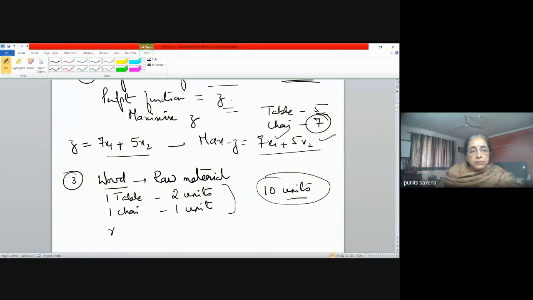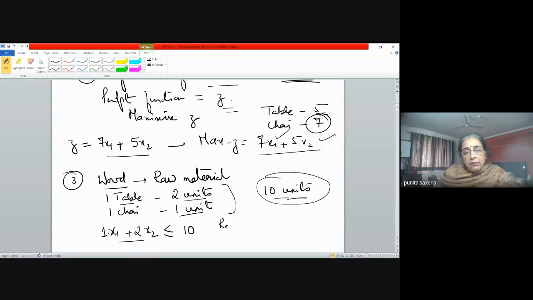X1. So X1 chairs will need 1 into X1 units of wood. And how many tables are we making? X2. And if one table needs 2 units of wood, X2 tables will need 2X2 units of wood, right? Now, X1 plus 2X2 is nothing but the requirement of the raw material. But we know that our requirement cannot exceed 10 units because this is the availability.